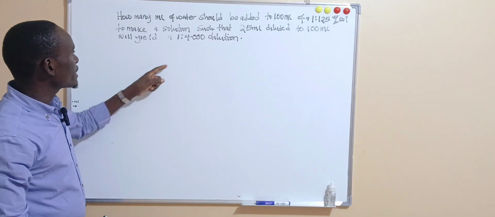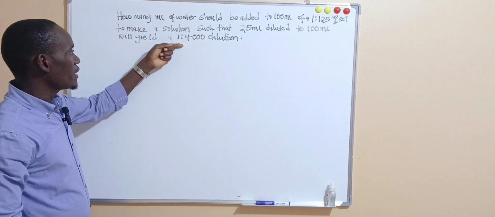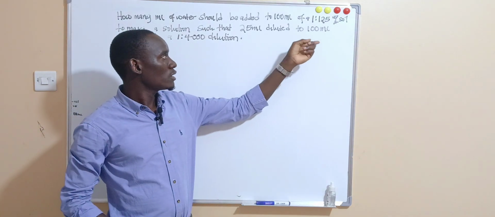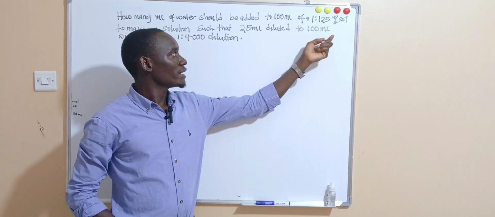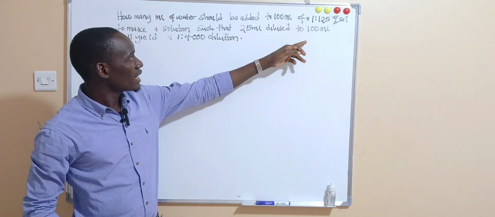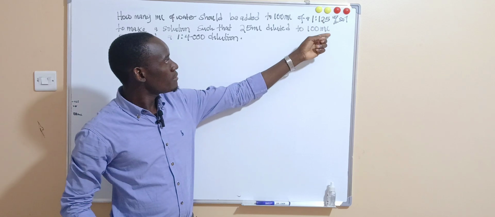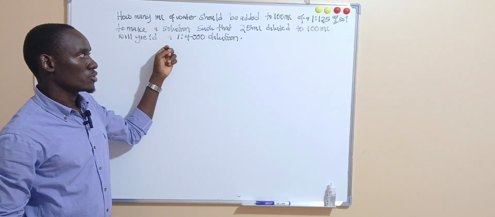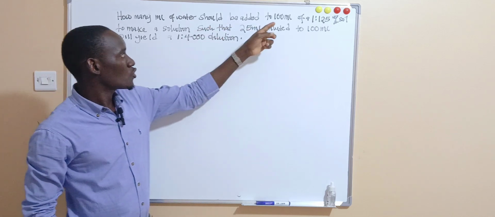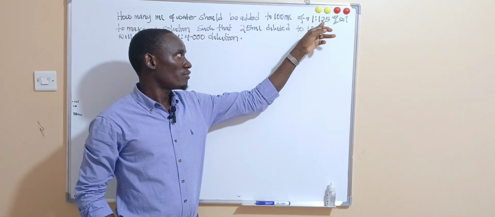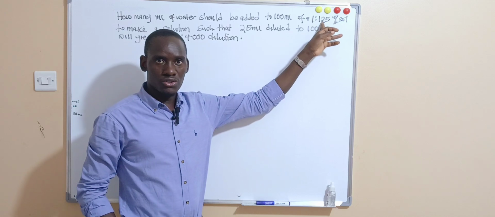So we are going to begin with, first of all, determining how much of the drug is in 100 mils of the diluted solution, and also how much drug is in 100 mils of the stock solution.